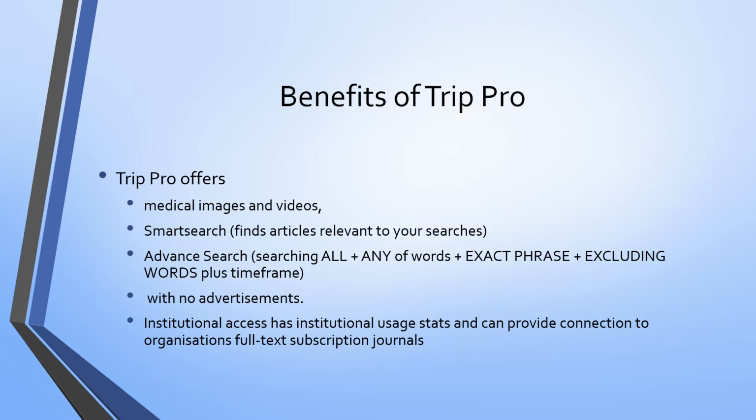TRIP Pro offers medical images and videos, smart search, where it finds articles relevant to your searches, and advanced search, which searches any of the words, exact phrase, and excluding words plus the time frame. It doesn't have any advertisements, and institutional access can provide connection to organizational full-text subscription journals.